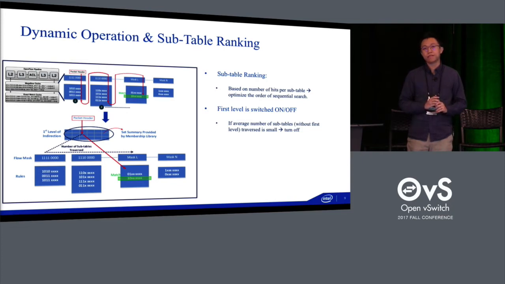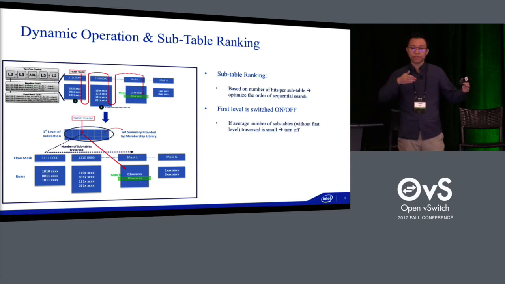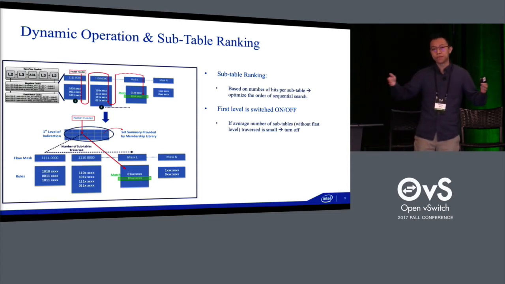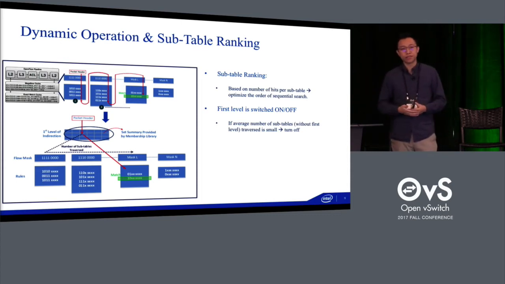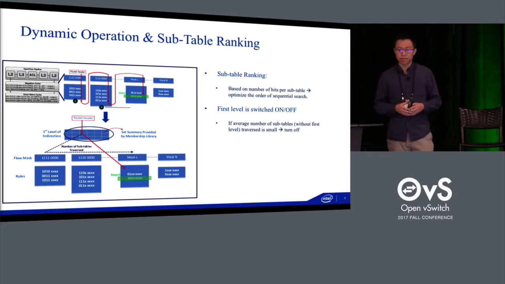That works very well and is very effective, but it can't deal with the case where your traffic pattern has a uniform distribution, which means all the packets will go to random tuples with a uniform distribution. That's where Cuckoo distributor could help. So both mechanisms complement each other. They are orthogonal mechanisms.